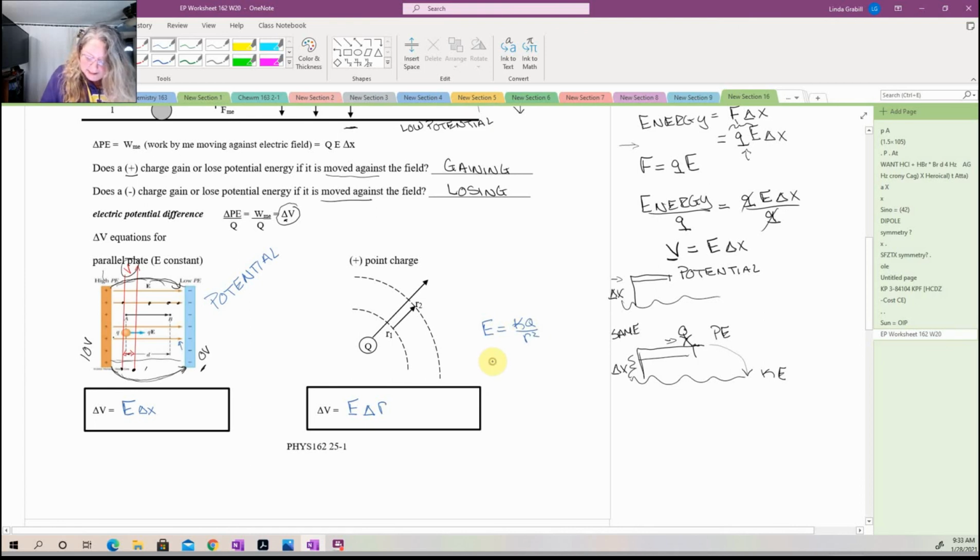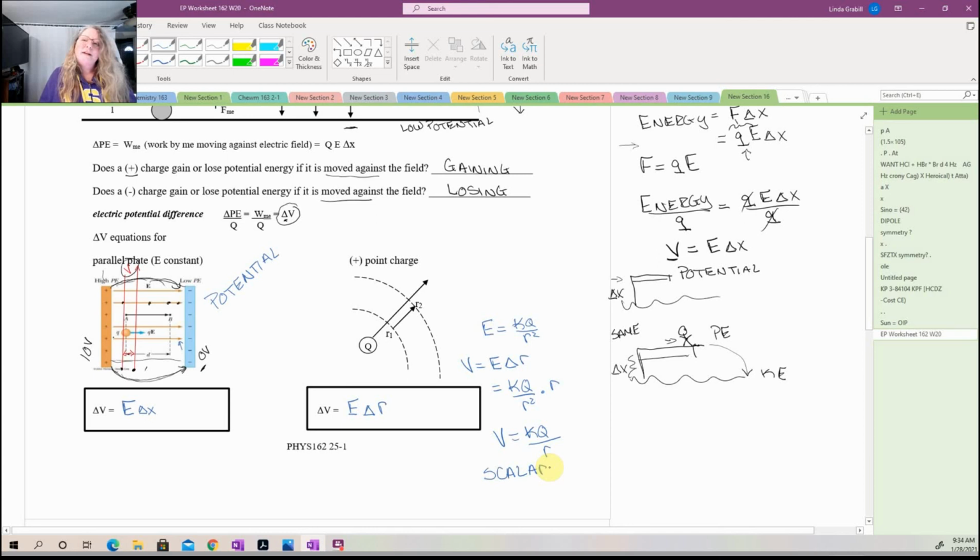So V equals E times delta R. Let's rewrite that: kQ over R squared times R. So my potential, if I don't have a field already determined to grab onto, is just my electrostatic constant times my charge divided by R. That's my potential. This thing here is a scalar.